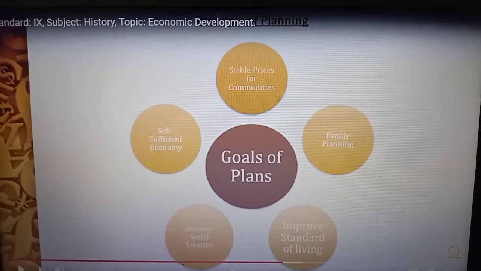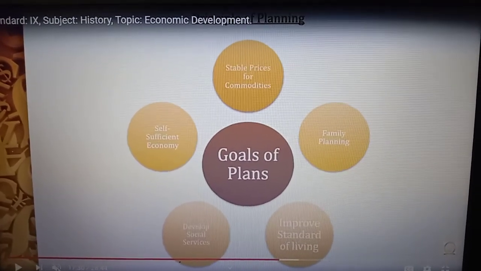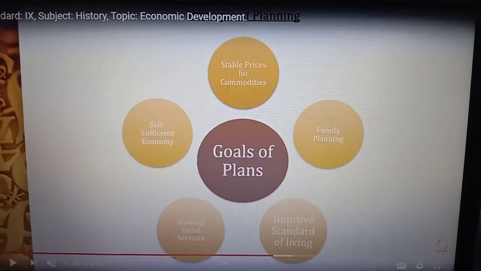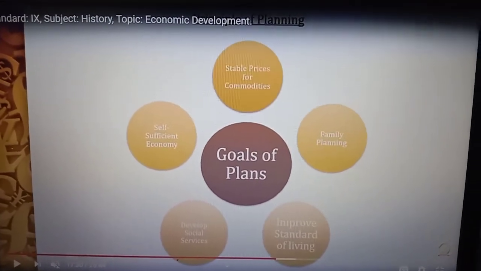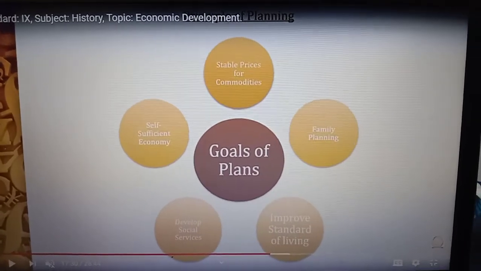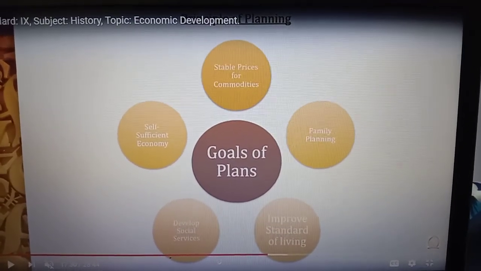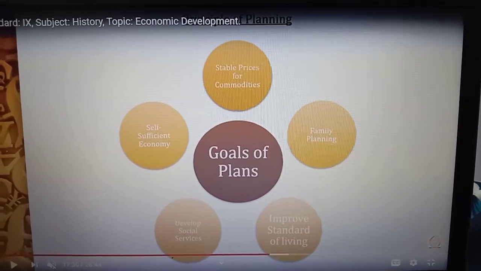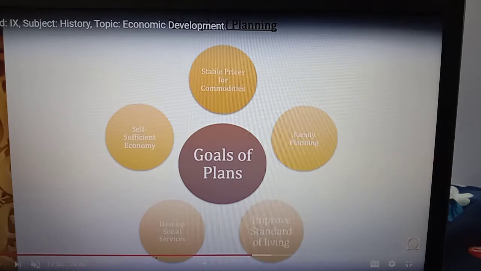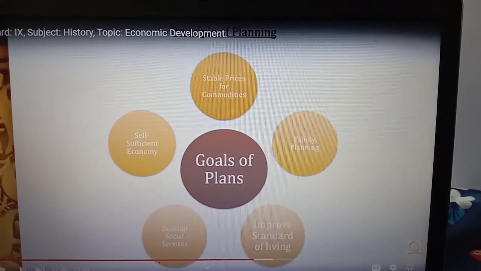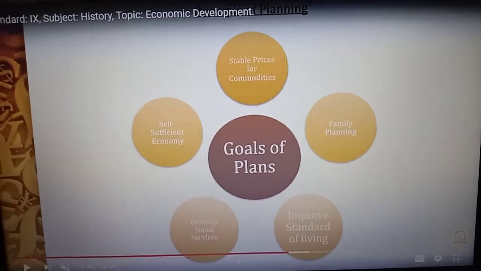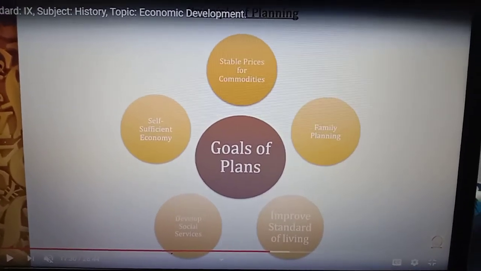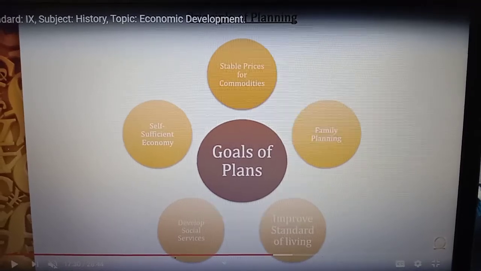Each 5-year plan is based on some objectives, some goals for every 5-year plan that we are going to study. So for now, you are going to study only the meaning of mixed economy and goals of 5-year plans.